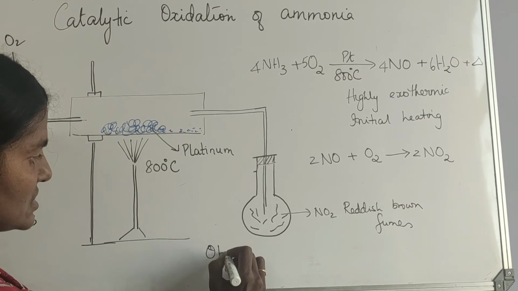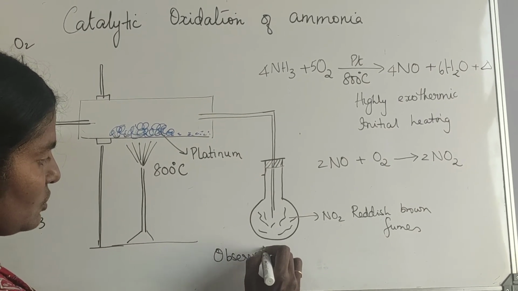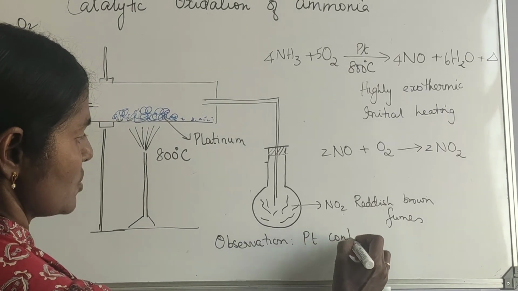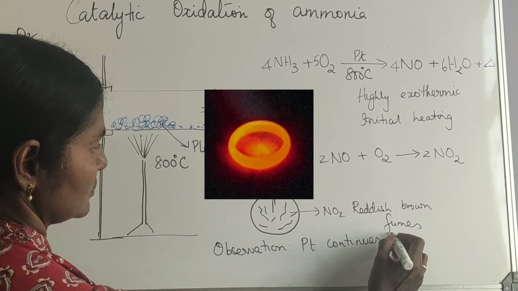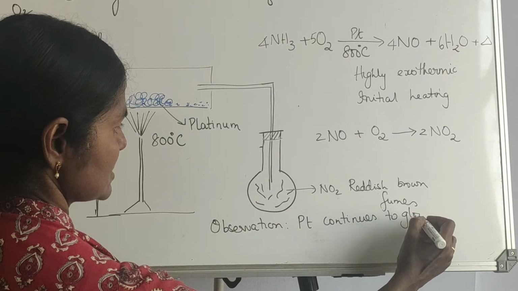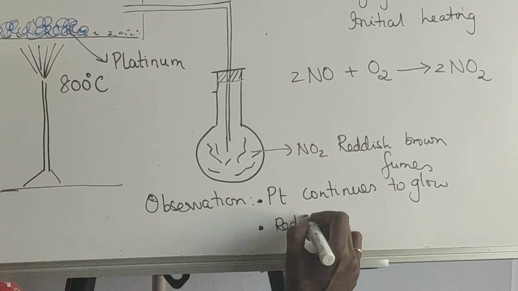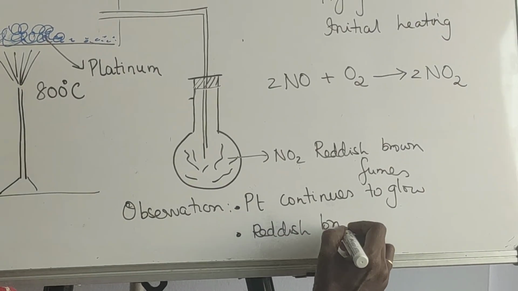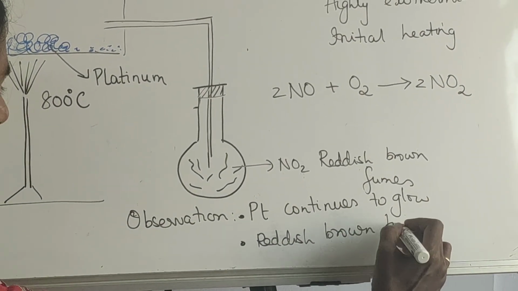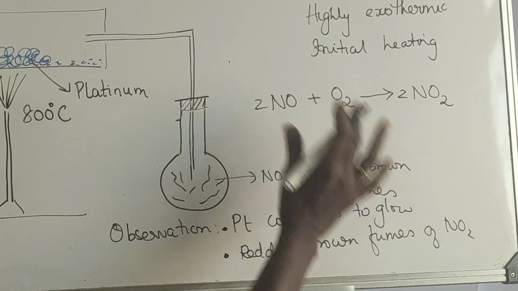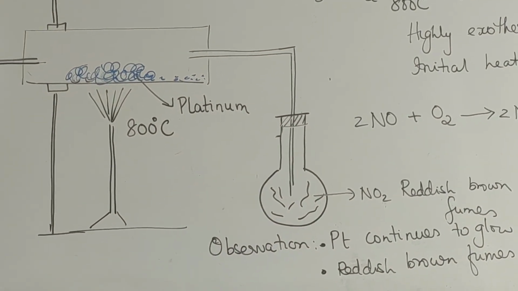The observations that we need to make a note of: the first is that the platinum continues to glow, and the second is that there are reddish brown fumes of nitrogen dioxide. So this is what we learned in the catalytic oxidation of ammonia.